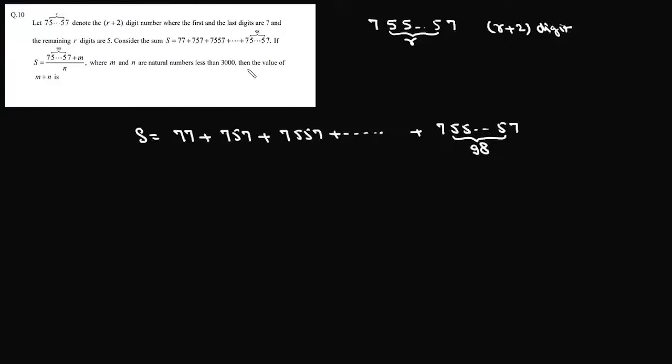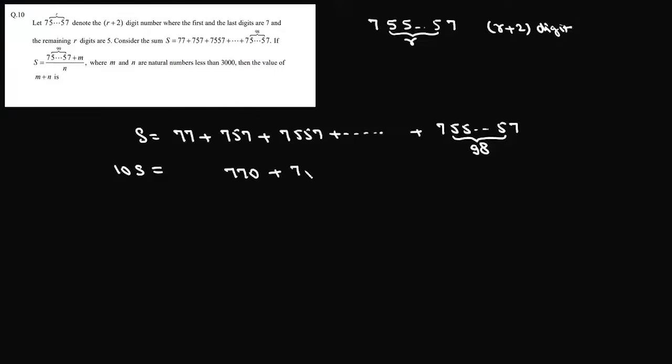Now generally when I see this pattern, I know we have to use the difference somewhere. So what we'll do is we'll write 10s. We'll multiply this series with 10 and we'll shift the series by 1 unit. So here it will be 770.